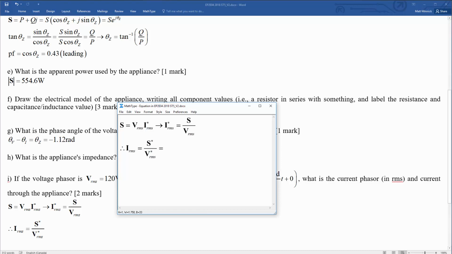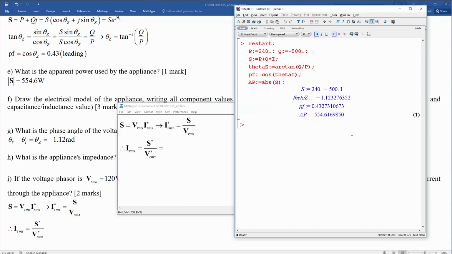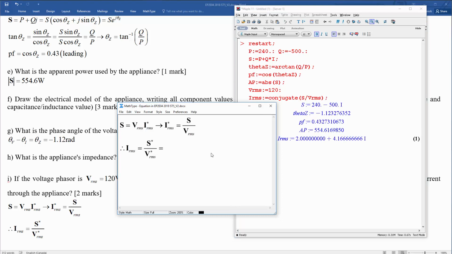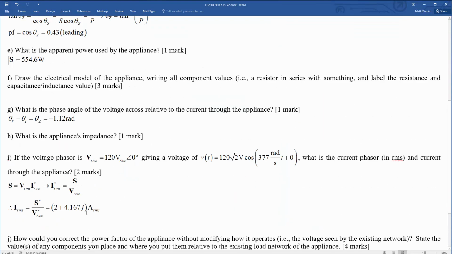All right, so let's put in our V RMS, and that's just 120. So I RMS is the conjugate of S over V RMS, and that's 2 plus 4.167j amps RMS.